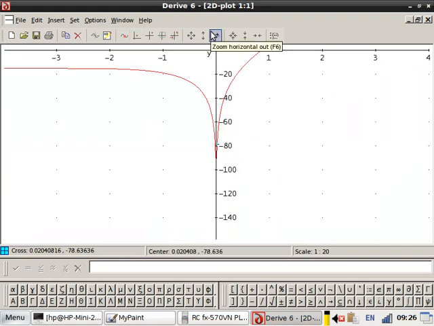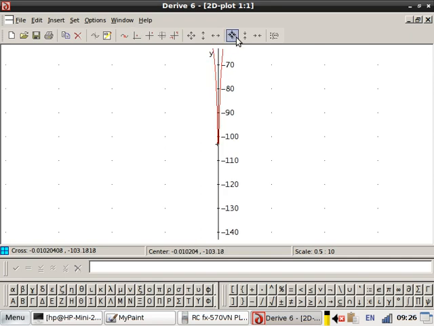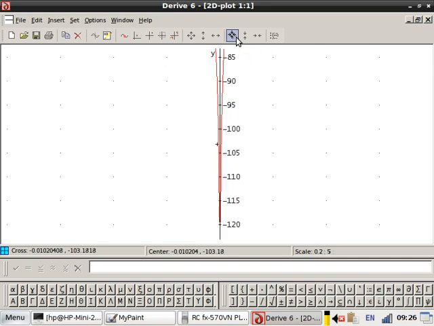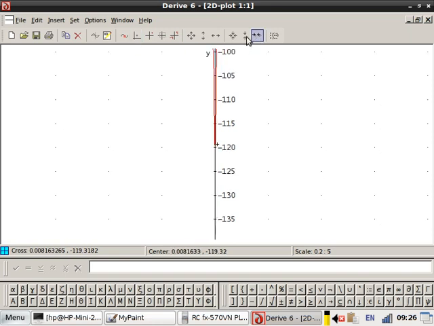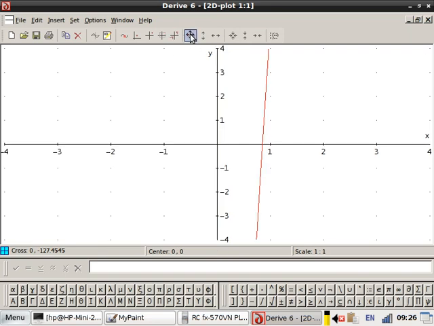It looks like about minus 90. Maybe it's about minus 100. Now it's maybe 115. Center on cross again and zoom in. That's 126. So somebody might realize what's actually happening here.